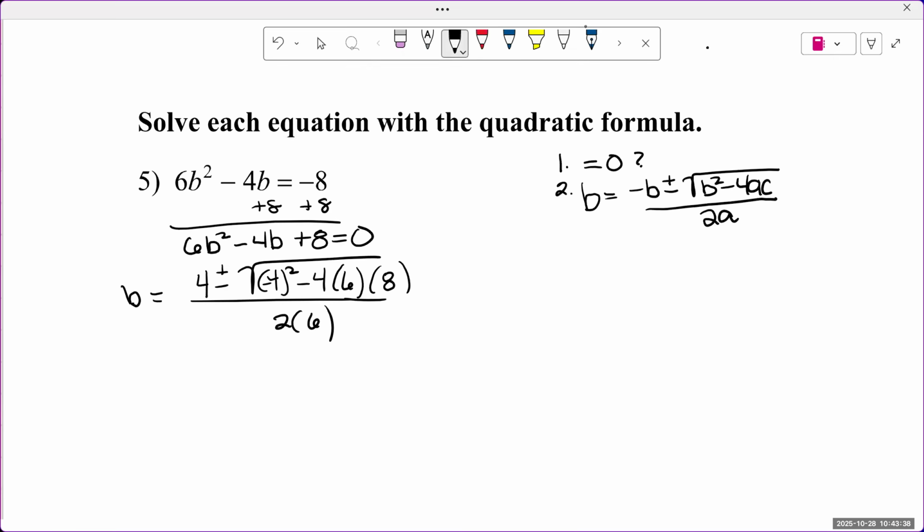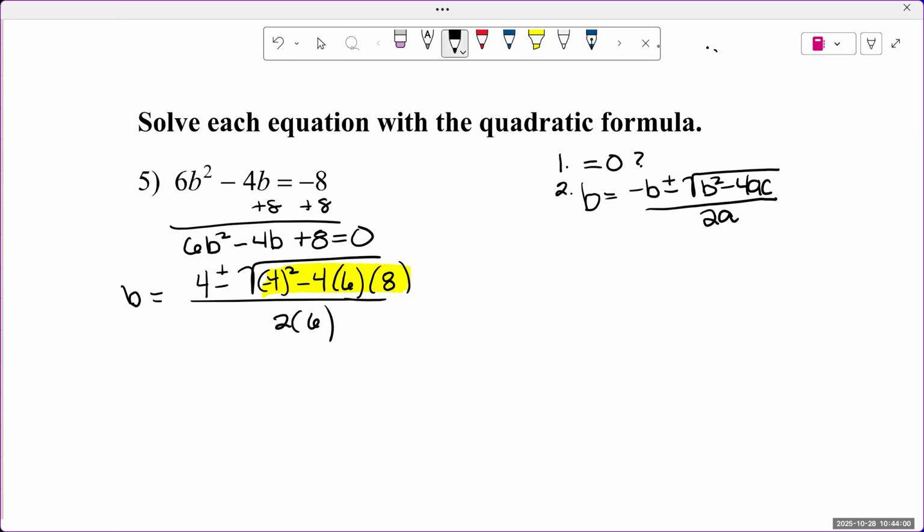You can see my brain sometimes jumps ahead of me. Okay. So that looks intimidating, and I don't know where to go next.